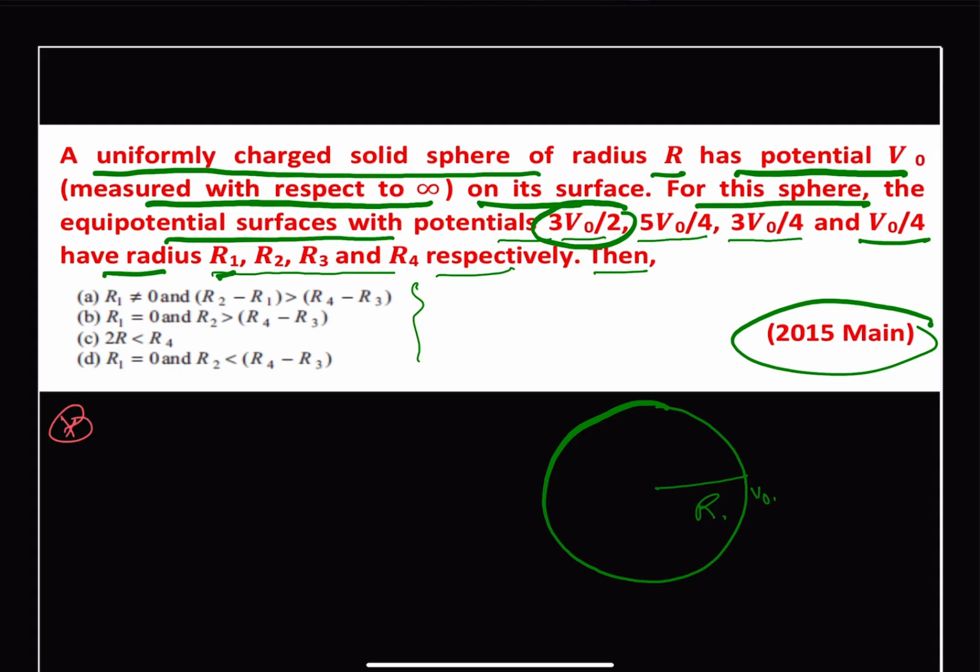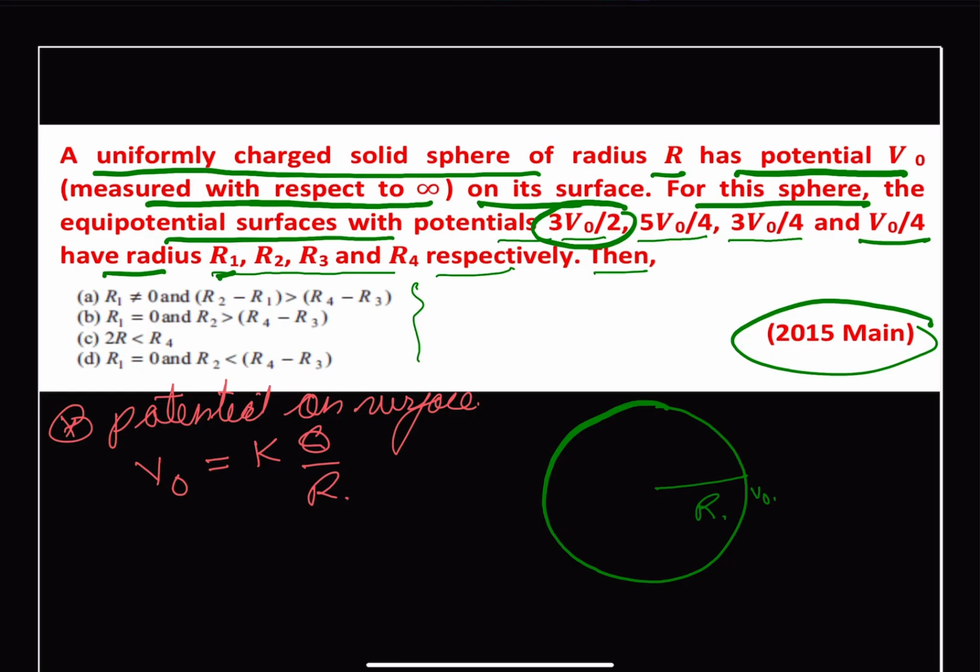So we can say potential on the surface, which is our V naught, will be equal to kq upon R. The first equipotential surface is given as 3 V naught by 2.